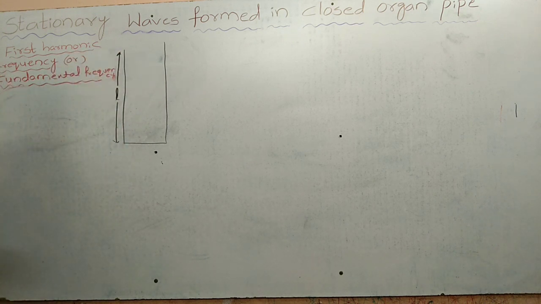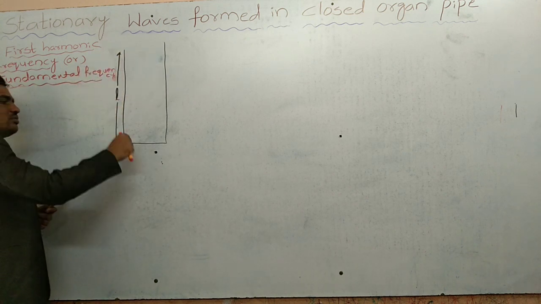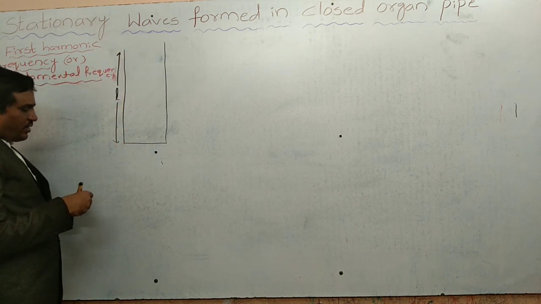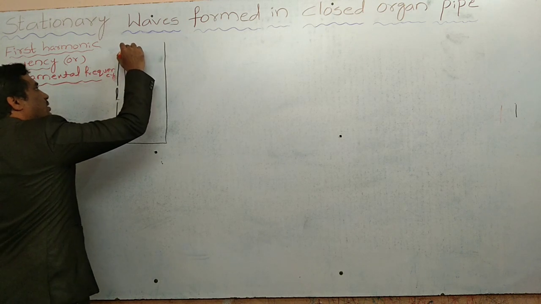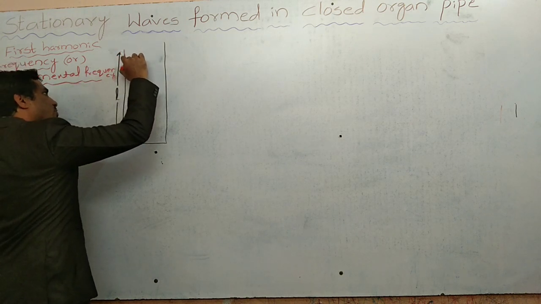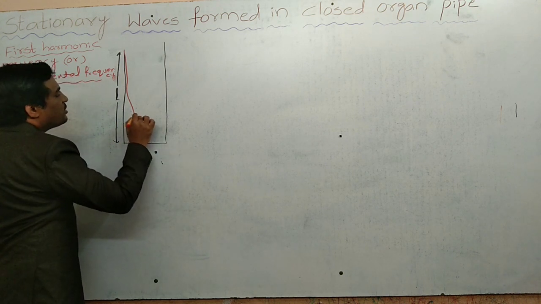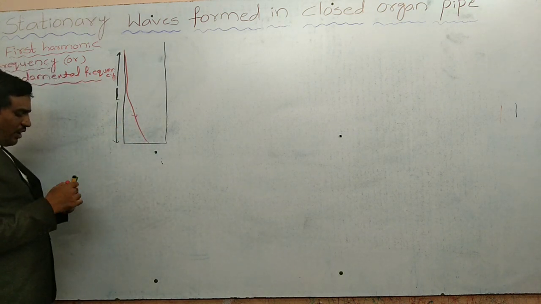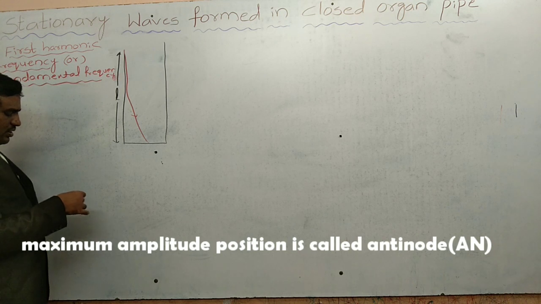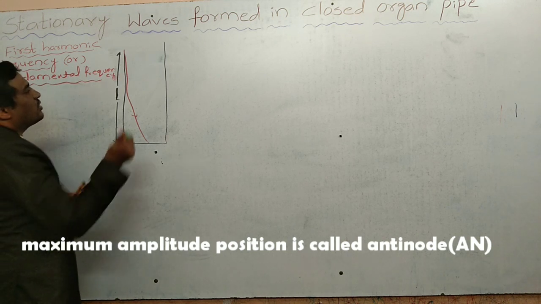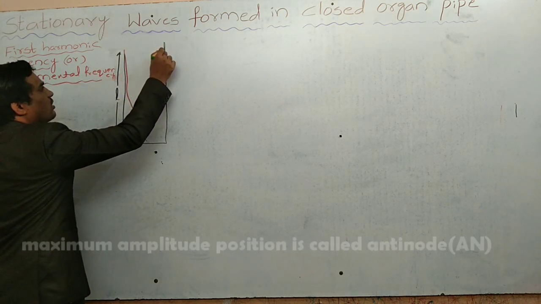Now here we are sending one incident wave into the pipe. It is the incident wave, and the reflected wave travels in the opposite direction.